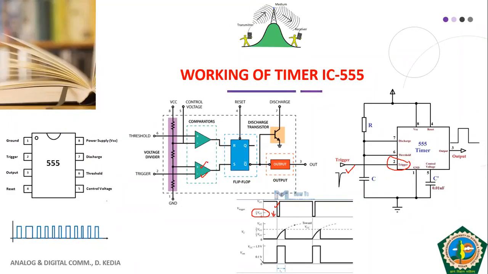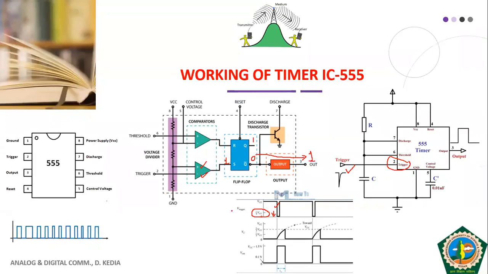Fine. So your trigger voltage will be less than 1 by 3 VCC, and the comparator detects that. Then what will happen? This flip-flop S will be 1, so this flip-flop will become set. Means Q will be 1 and Q bar will be 0. And because of this, your output will become 1.